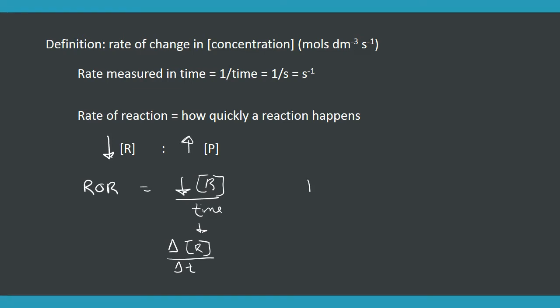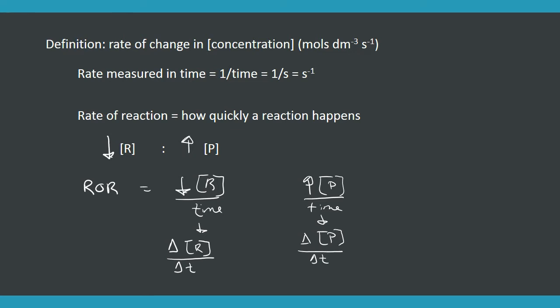And vice versa, we expect an increase in the concentration of products over that same course in time. Therefore, we are looking at the change in the concentration of my products over the change in time.